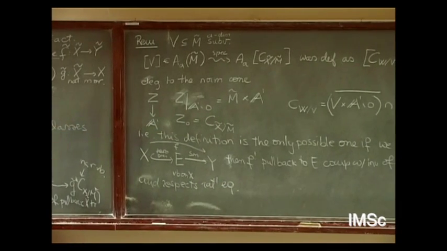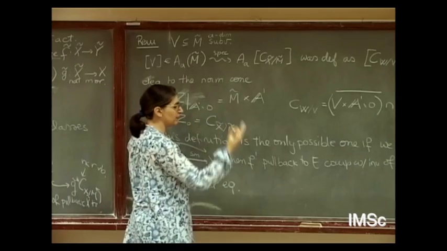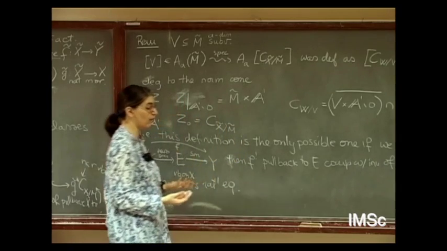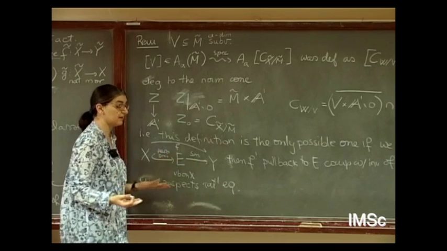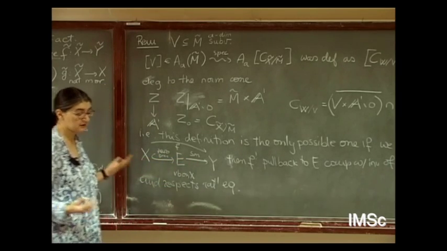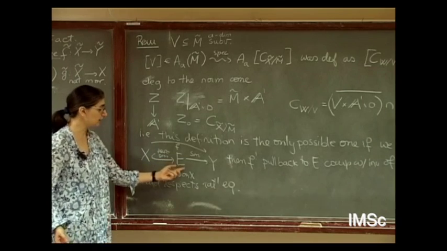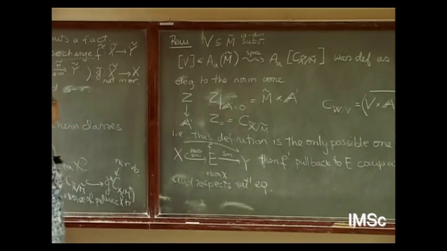So this is one way. You could have seen that this is a kind of definition, and you can ask yourself why, and the answer is, well, this is basically the natural way to extend this very special case which we understand. So that in this case is just pullback and intersecting with a zero section.